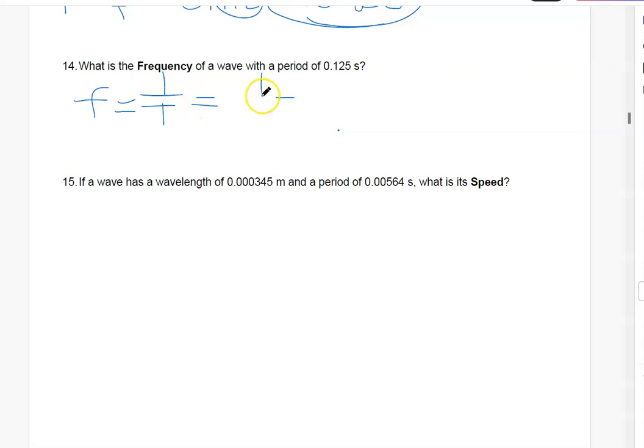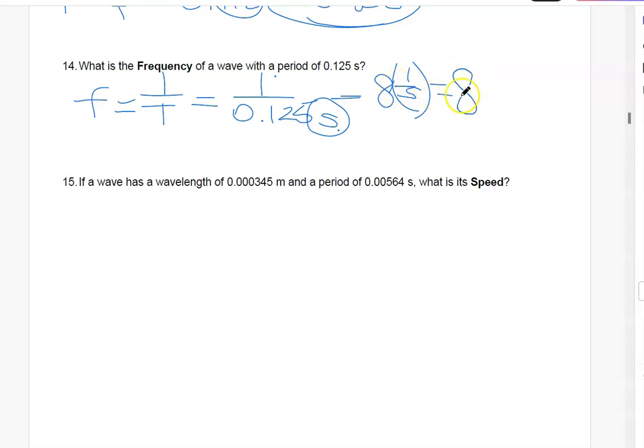Taking 1 over the period, 0.125 seconds, we end up with the numerical value of 8. And what is our unit? Well, our unit is 1 over seconds, but 1 over seconds is the same thing as hertz. And remember, we're going to use as our standard unit of frequency the hertz, so our answer is 8 hertz.